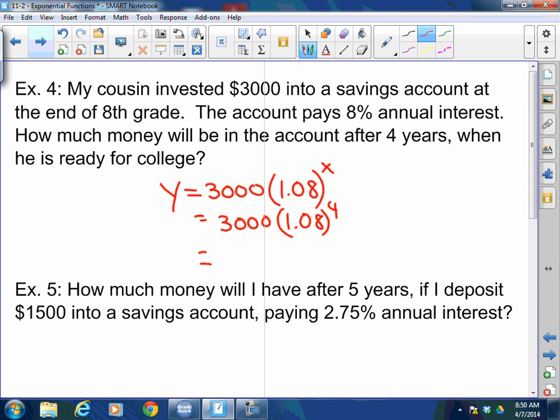And be careful when you're doing this. 3,000 times parentheses 1.08 close parentheses raised to the 4th power. Make sure you follow the order of operations. So you're going to have $4,081.47. That will be how much money you will have in 4 years.